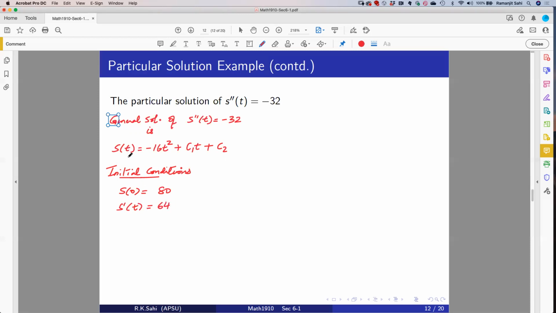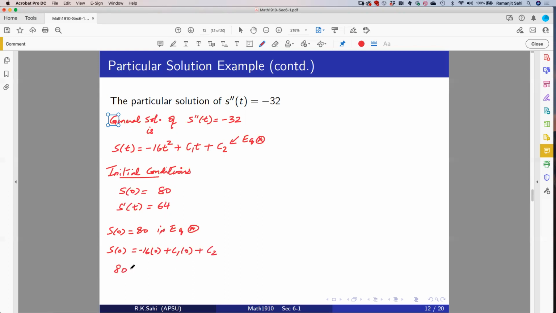As we already know s of t, let's substitute t with 0. So when I apply s of 0 equals 80, using this equation, say star, the initial condition becomes -16 times 0 plus c1 times 0 plus c2.